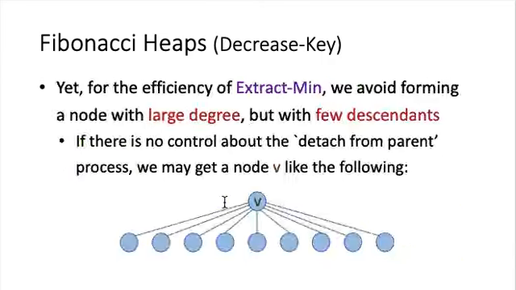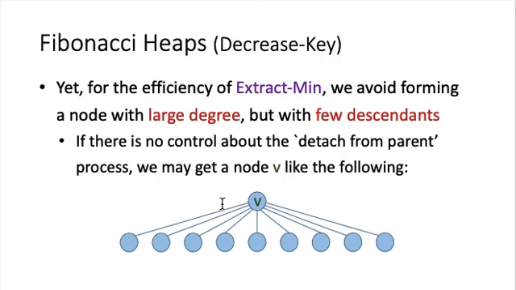So we will have a case that a node has very large degree, but then the total number of descendants is not a lot. It is just equal to the number of degrees, so it's not enough for us. We actually need, for a large degree node, to have an exponential number of descendants. So this is not acceptable for this Fibonacci heap. So this is not good.